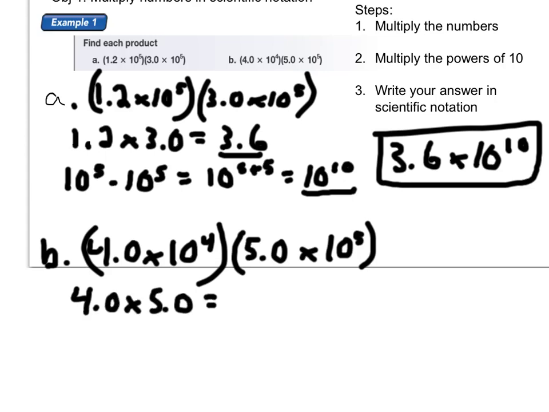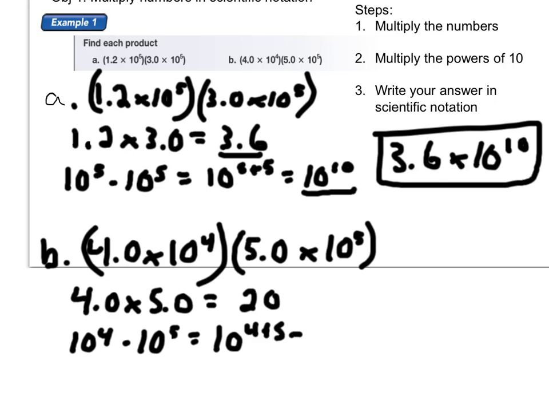Well, that's the same as 4 times 5, that's 20. Then I'm going to multiply the powers of 10 together. So I'm going to have 10 to the 4th times 10 to the 5th, and that gives me 10 to the 4 plus 5, or 10 to the 9th.